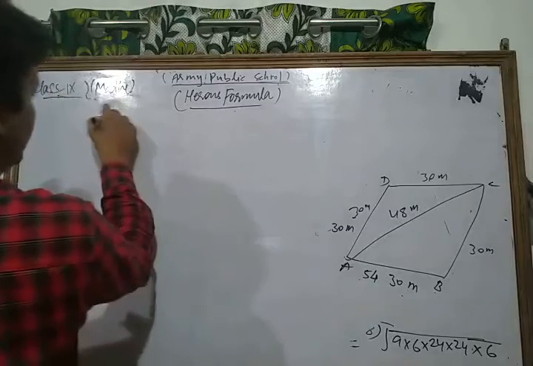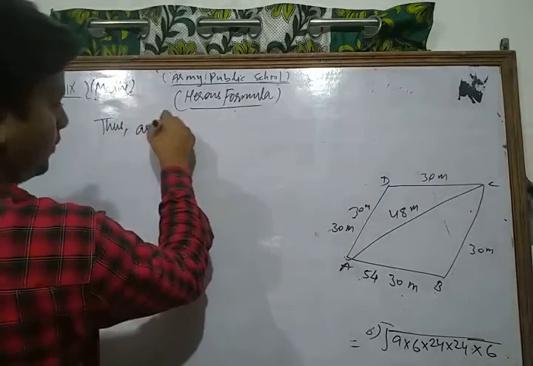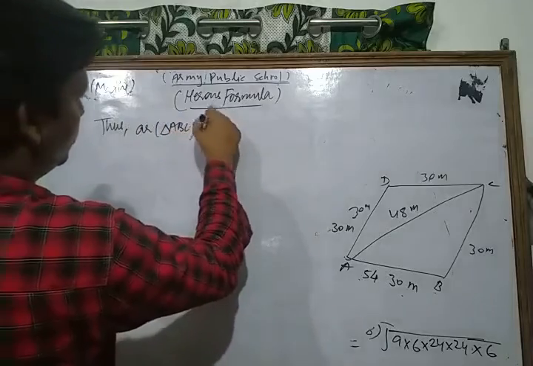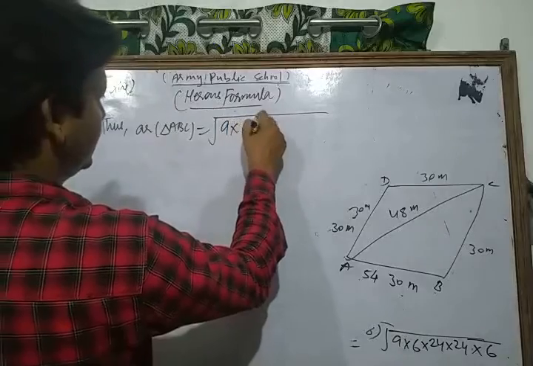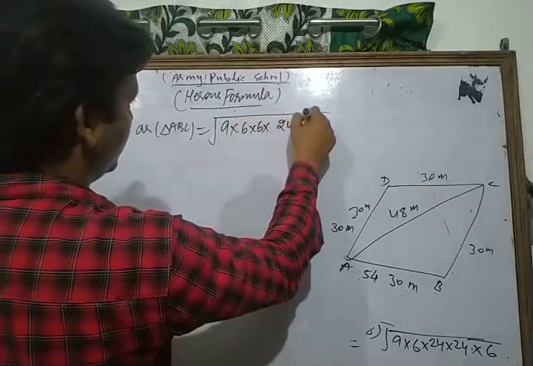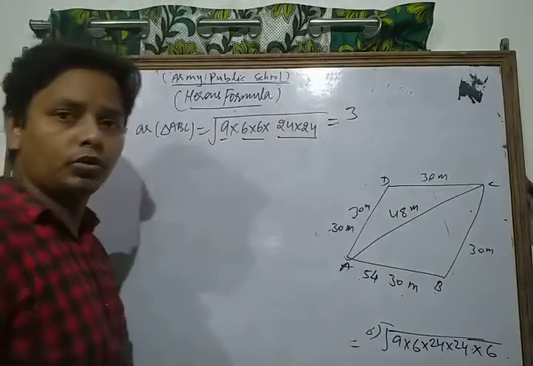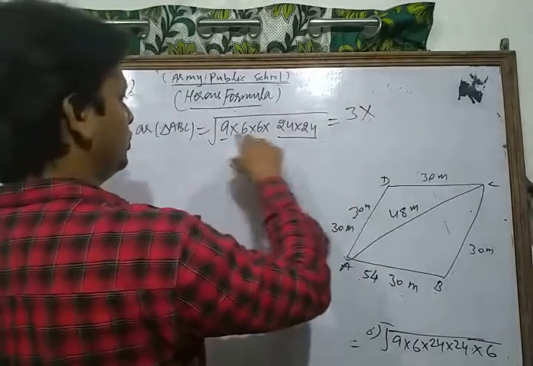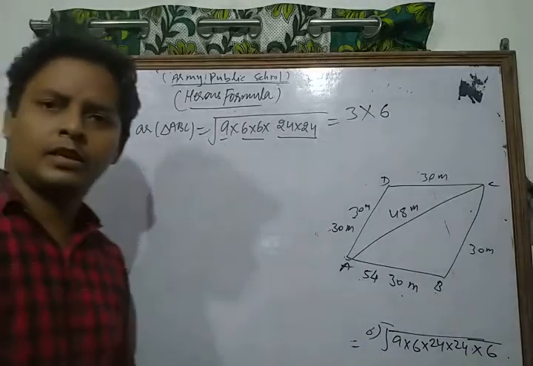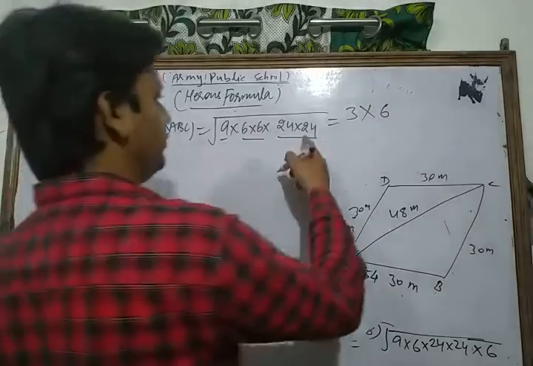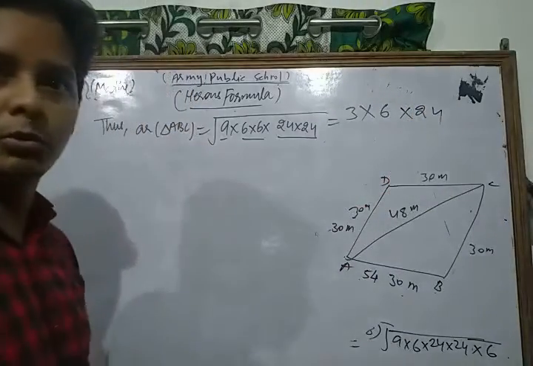Thus, dear friends, area of triangle ABC is equal to under root 9, write as it is, 6 is in pair here, 24 into 24. Now the square root of 9 is 3, and 6 is in pair, so 6 we write this way, and 24 is also in pair, common from the square root.